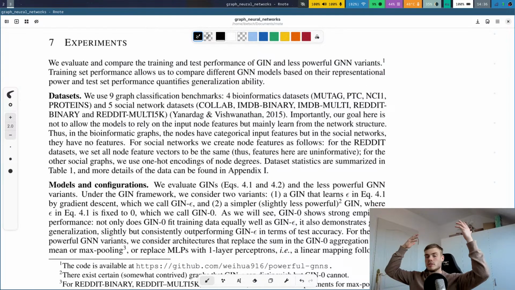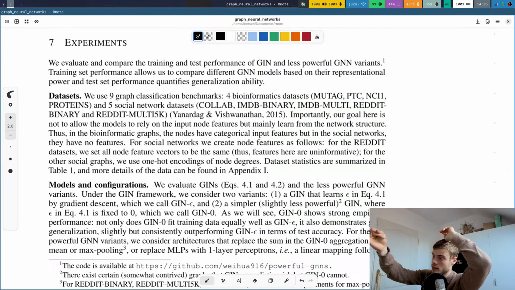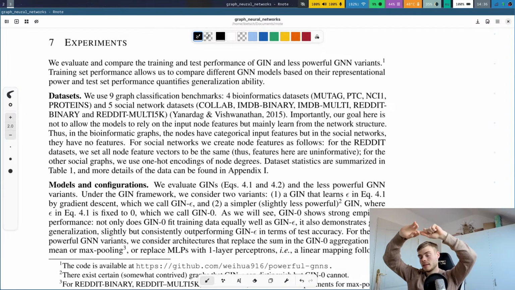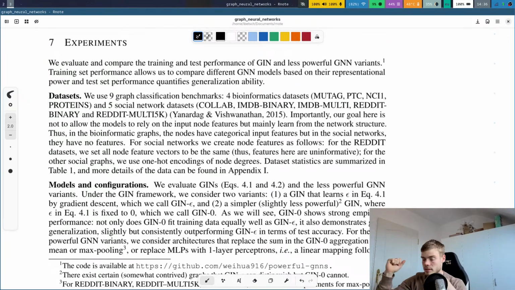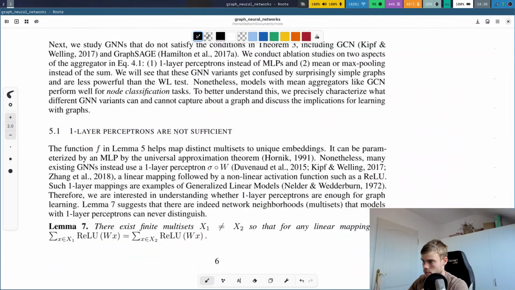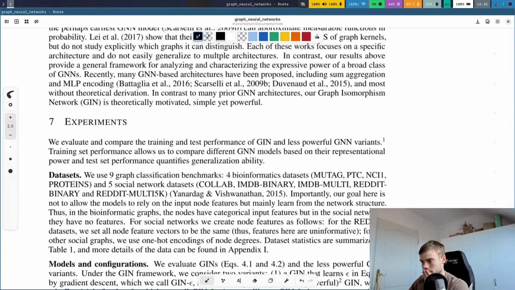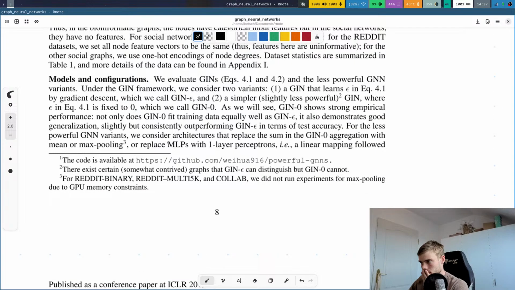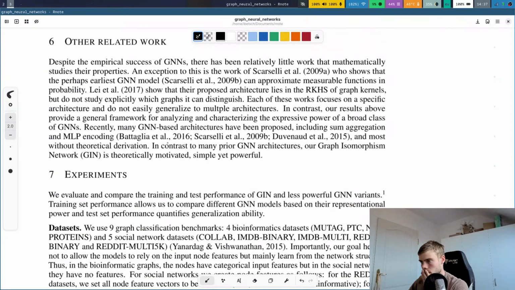So they show by using injective functions in the aggregate, in the combine function, and in the readout function, this thing is as powerful as the Weisfeiler-Lehman test. Maybe. And therefore, they are almost graph isomorphism invariant.